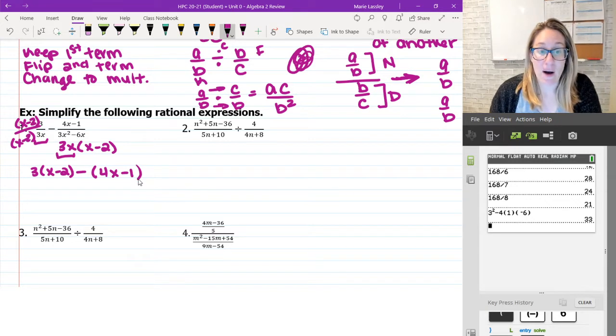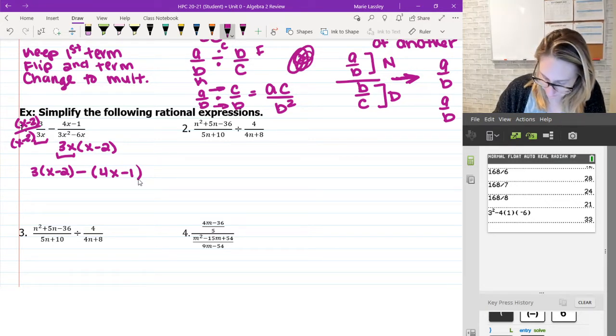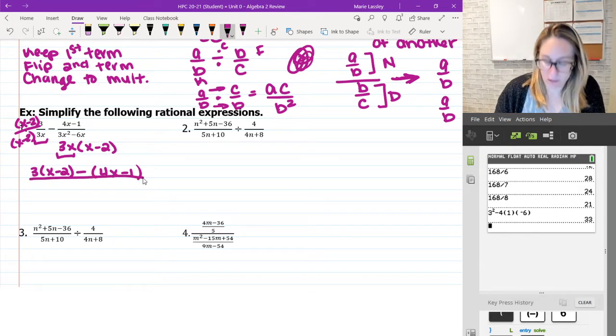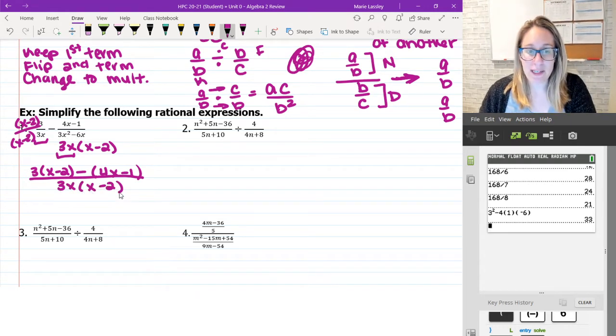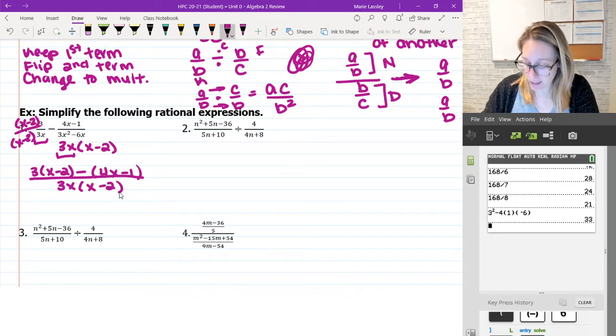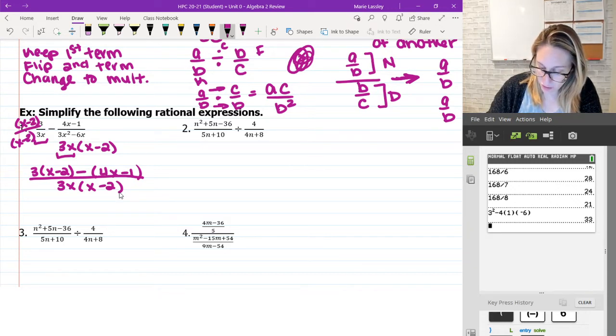All right, now I know I put those parentheses in and we're going to talk about why in a second. All right, all over, and now I have the same denominator, so I can do it all over one fraction. So it's 3x and then x minus 2. Now, the reason I put that minus on the outside and I have that parentheses is because we're subtracting that whole piece. So what we really need to do is take that minus sign and we need to distribute it into our parentheses.